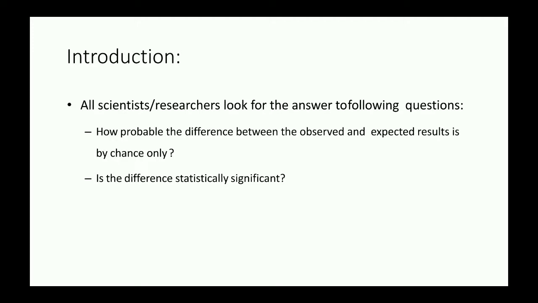Because there are some things which are already expected before conducting the research. Before any researcher or scientist starts the research, they have some expectations about the results or about the phenomena. And then there are the observed values which come after running the scientific inquiry or conducting the research.